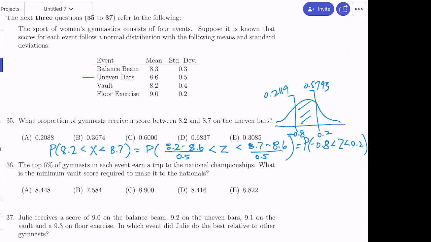And I showed you to take the big minus the small to find the area in between. And that gives you the result, $3,674.